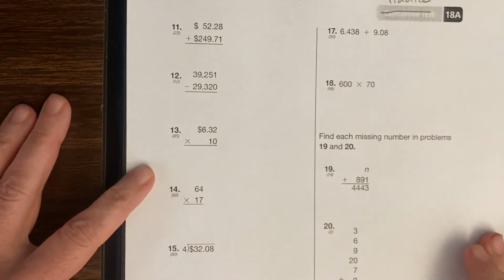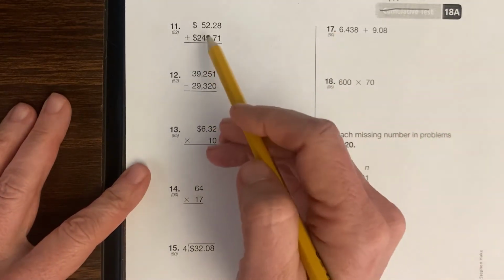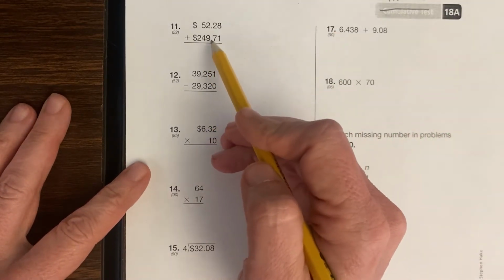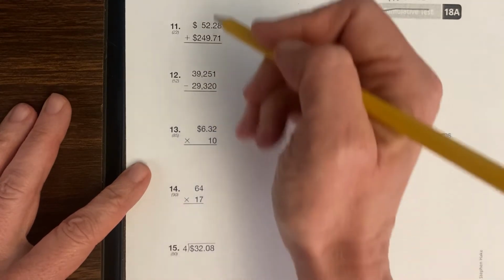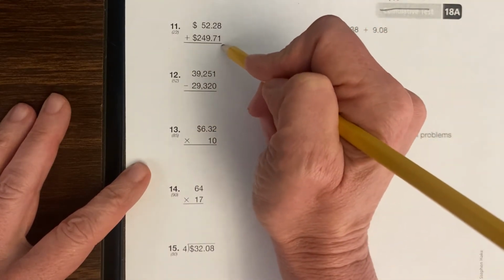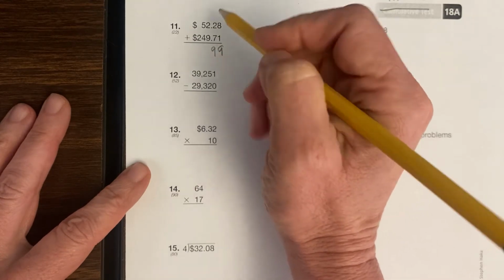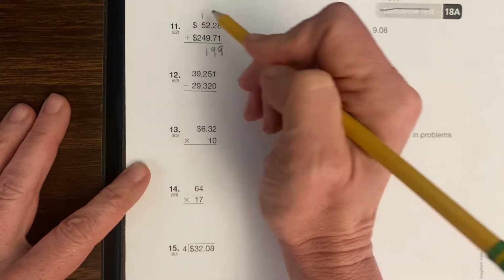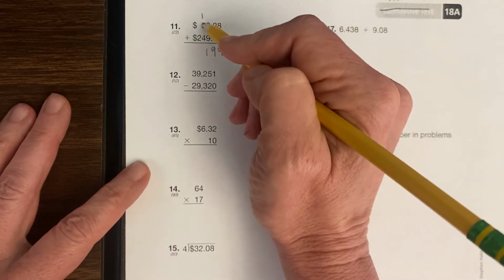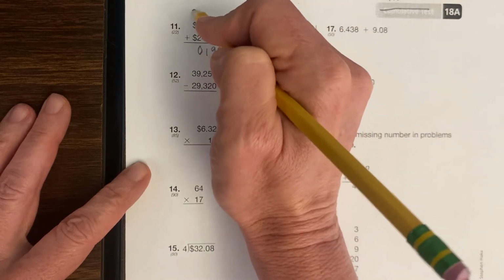All right, so number 11, we're adding $52.28 and $249.71. 8 plus 1 is 9. 2 plus 7 is 9. 2 plus 9 is 11, carry the 1. 1 plus 5 plus 4 is 10, carry the 1.